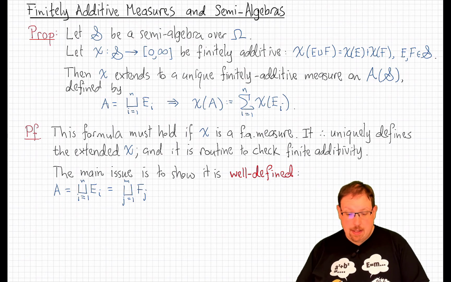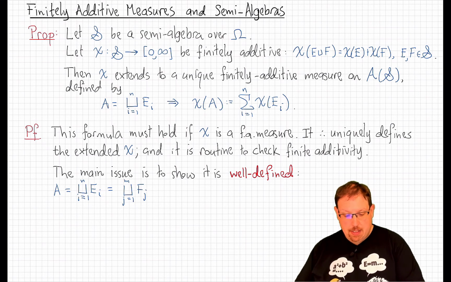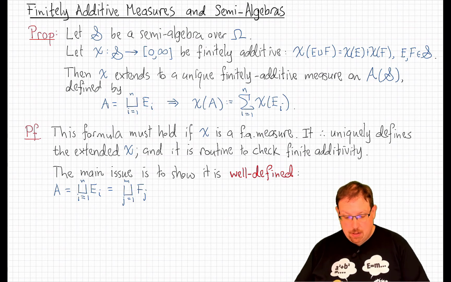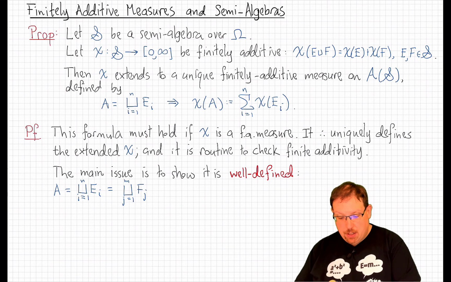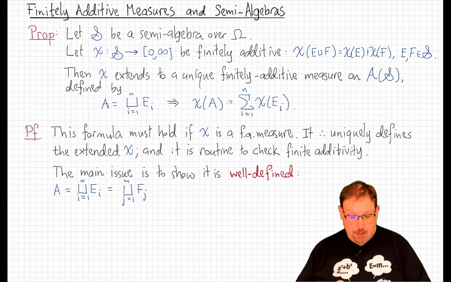And the way that extension works is the only way it could. The field generated by the semi-algebra consists of finite disjoint unions of elements from the semi-algebra. If you take any such disjoint union, the finitely additive measure on that disjoint union is defined to be the sum of the function chi on the pieces that are in the semi-algebra.